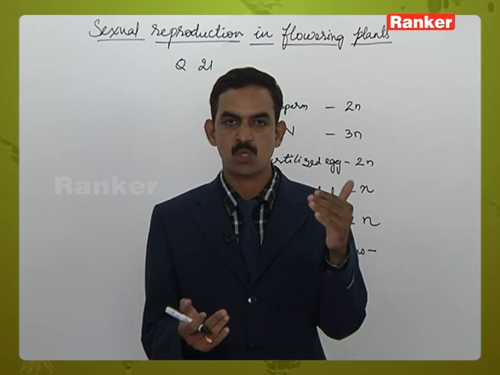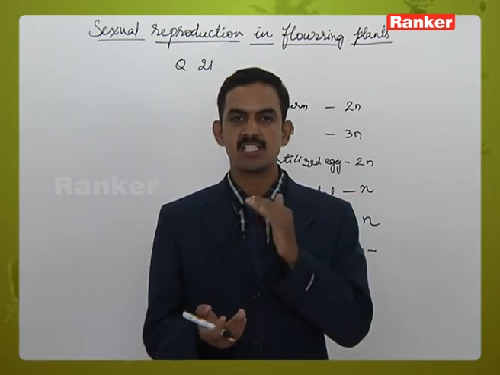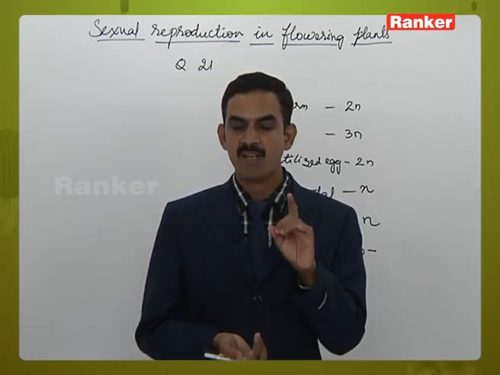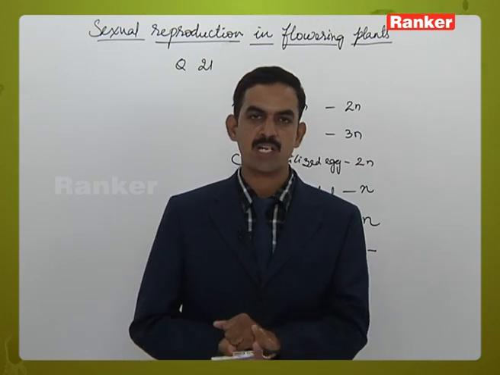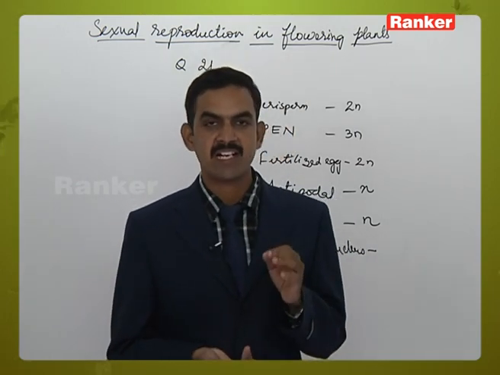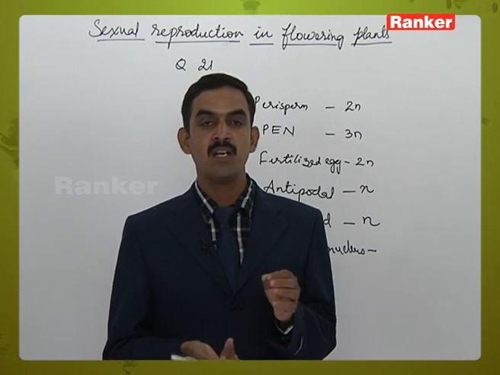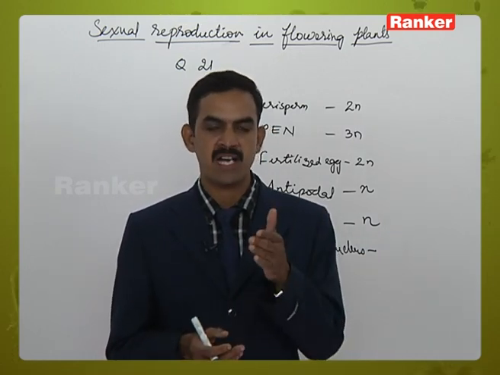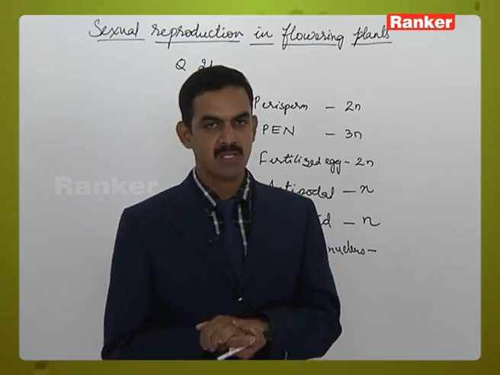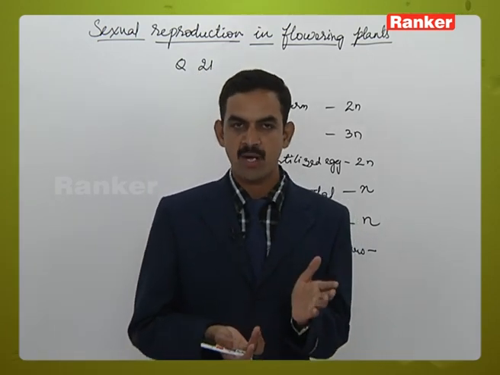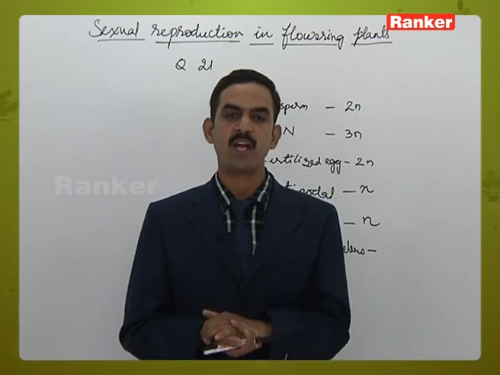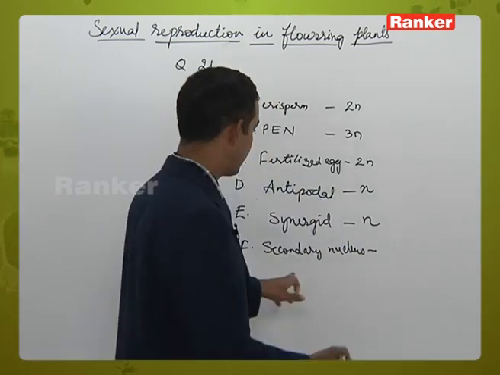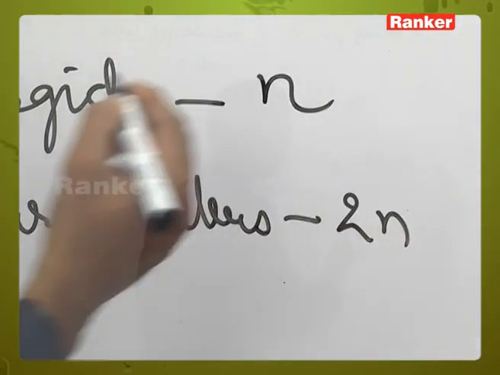That means 3 cells towards the micropyle and 3 cells towards the chalazal end. And 1 more cell is present in the center, which is called the secondary nucleus. This secondary nucleus is formed as a result of the fusion of 2 polar nuclei, one coming from the upper side, one from the lower side. These 2 polar nuclei are haploid, and they fuse to form a diploid secondary nucleus. So this secondary nucleus is diploid.